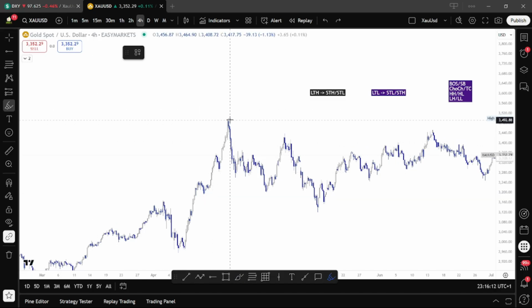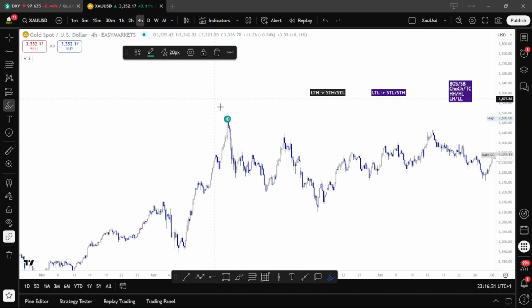In this case, this one here. This is the highest swing point that price has traveled to before it begins to retrace down. And this is the lowest point price traveled from before it got to this high here.